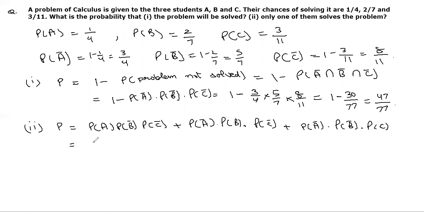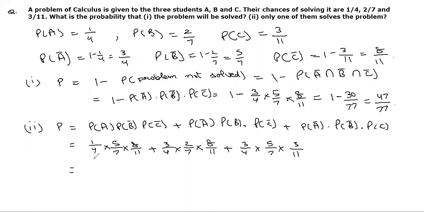So it will be 1 over 4 into 5 by 7 into 8 by 11 plus 3 by 4 into 2 by 7 into 8 by 11 plus 3 over 4 into 5 by 7 into 3 by 11.